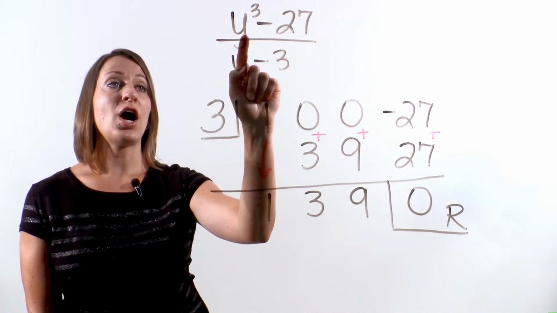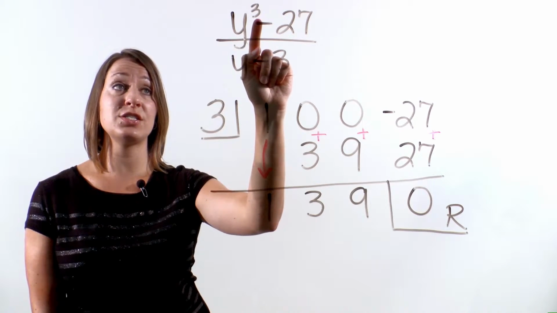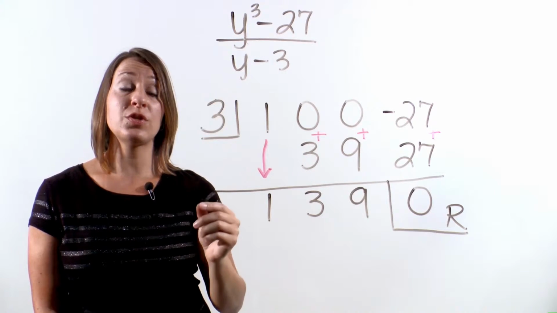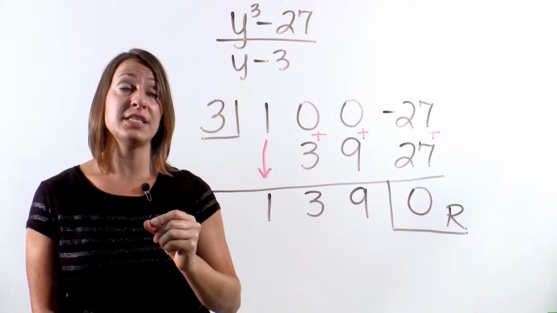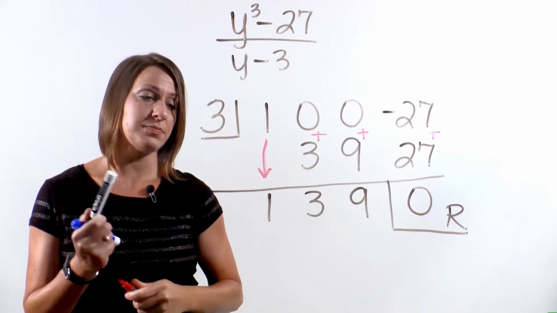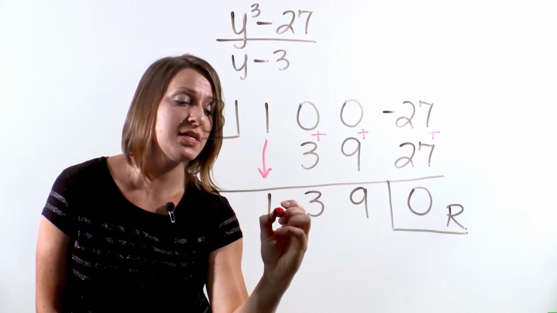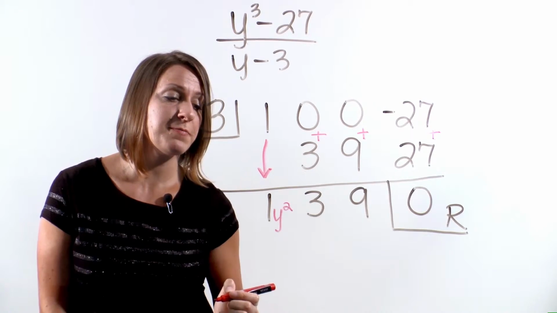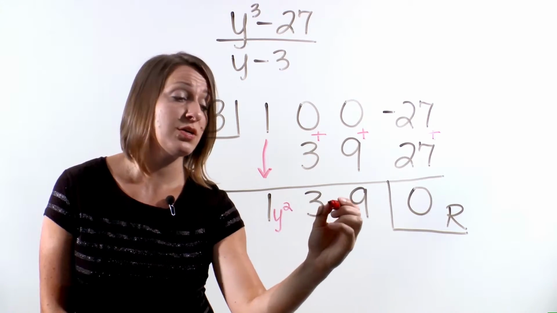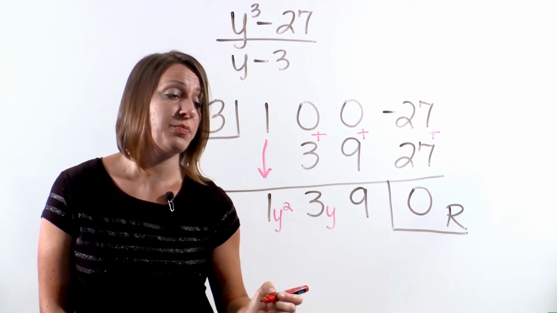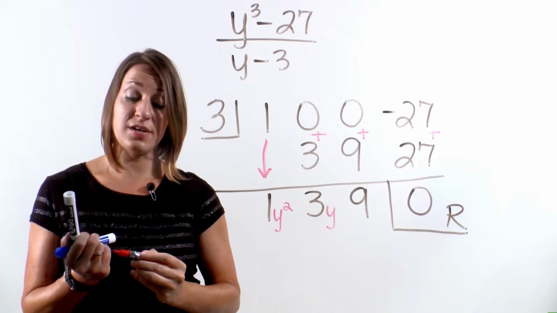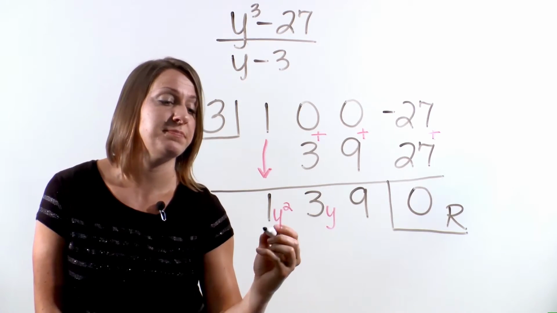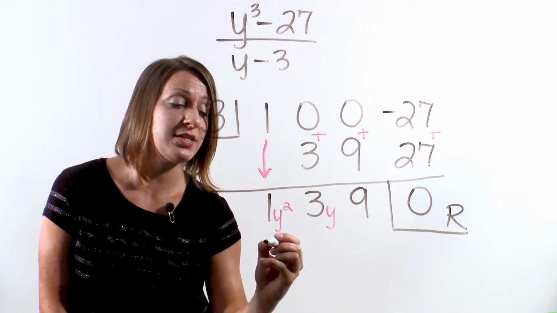Now remember, in our original problem the highest degree was y cubed, so we need to start with the term 1 less than y cubed. So the 1 will assign y squared, the 3 will be our y term, and the positive 9 will be our constant. So here's what the final answer will look like.